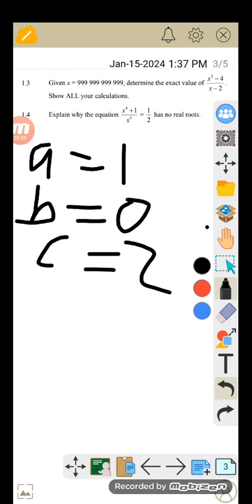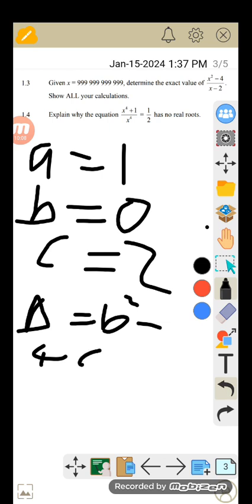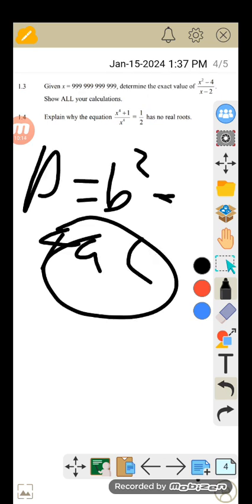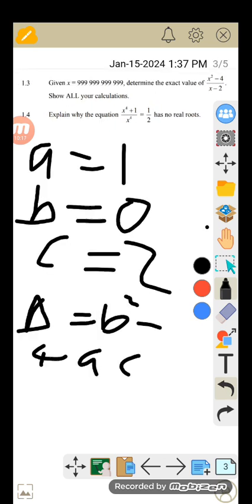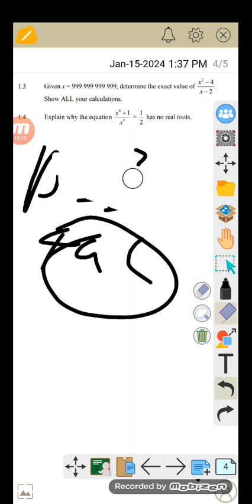So here is what we are going to do: we are going to substitute these in our delta. Our delta equals b squared minus 4ac, like that, guys. So which means that we are going to remain with what? Let me just write here for the moment.